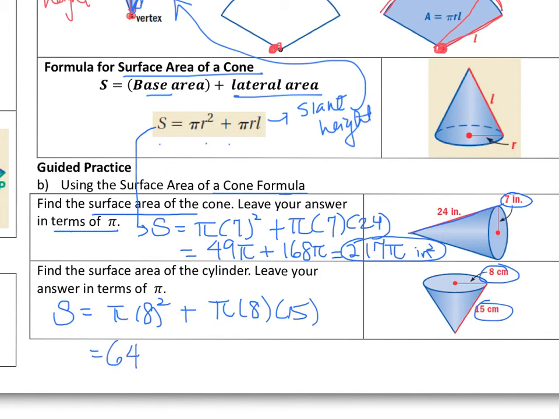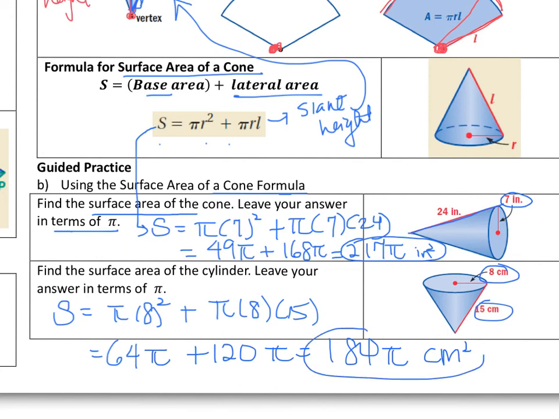And then we get 64 pi plus 120 pi, which equals 184 pi centimeters squared. On the test, you might be asked to multiply by 3.14 in place of pi, then you will have to. Okay?